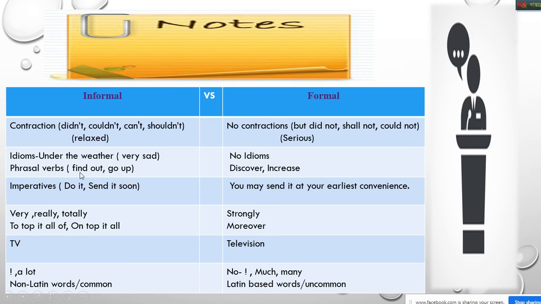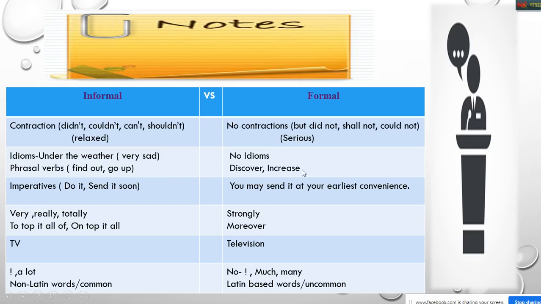But phrasal verbs, such as find out and go up, you can write in your informal letter. You can convert these expressions into another word if you want to write them in a formal letter. Find out, you can convert to discover.